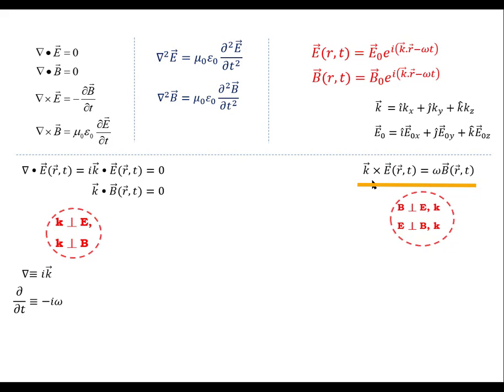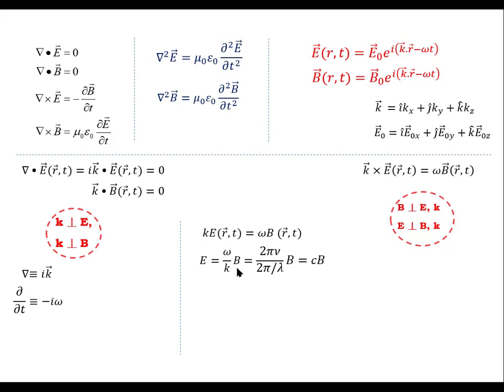Since E, B and K are mutually perpendicular, if we represent this in its magnitude form, then it will be K multiplied by E equal to omega multiplied by B. So electric field will be omega by K multiplied by B, which is equal to C into B, where C is the velocity of light in vacuum and is equal to 1 by under root of mu naught epsilon naught. So this is a further reduction of this equation.